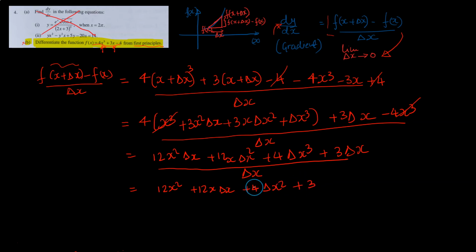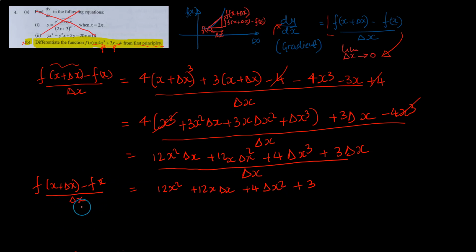Okay, so delta x is now gone. So remember, this is your function of x plus delta x minus function of x divided by delta x, giving you all this.